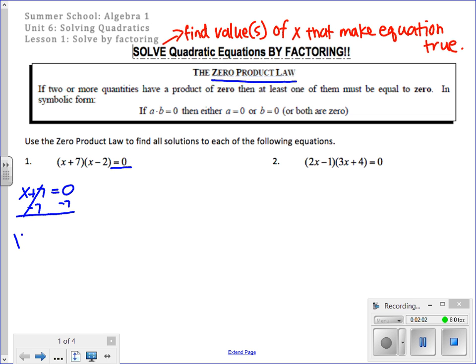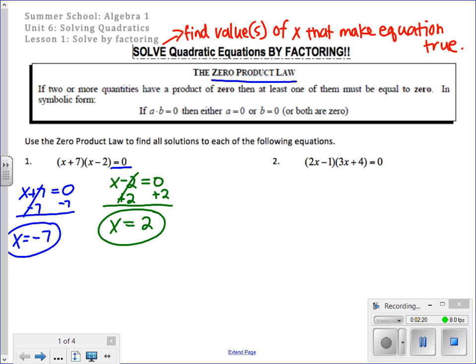When I do that, I get x equals -7. That is one of the solutions to the quadratic. Then I take the other factor, x minus 2. I set it equal to 0 and solve for x. When I do that, I find that my other solution is x equals 2.